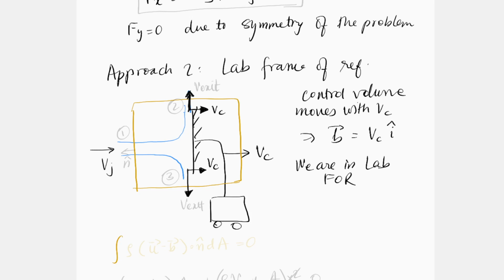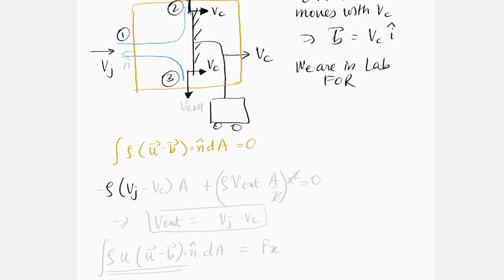Once again, it will be integral rho (u minus b) dot n dA equal to 0. In this case, at the first surface, let us call them 1, 2 and 3. So we will have at surface 1 rho (Vj minus Vc) times A, but there will be a negative sign because the area vector points like this.